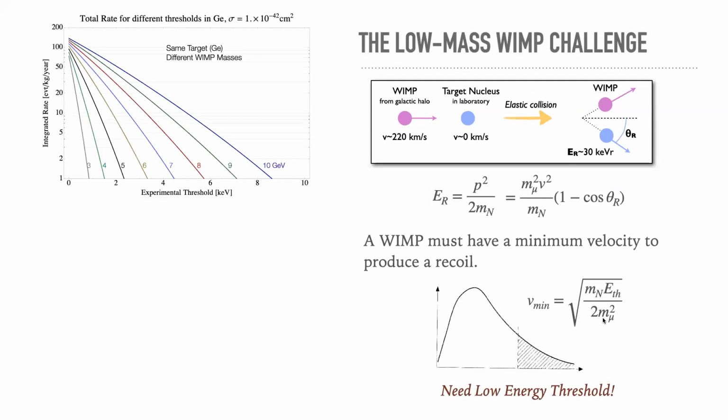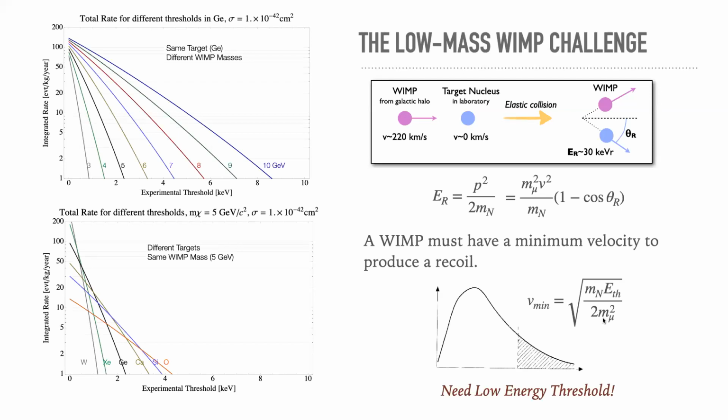Now that's for a 60 GeV WIMP. If you want to go lower, thinking about a 10 GeV or 5 GeV WIMP, these lower WIMP rates get even worse. This is the same setup as before, but in this case we have a 5 GeV WIMP.